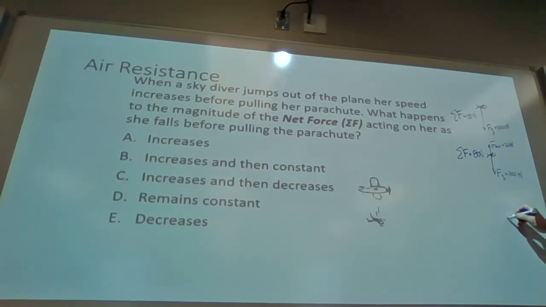Continues to fall. That goes up to like 60 newtons. Totally making these numbers up, but I'm doing it in a way that's realistic. The net force is what? 40.